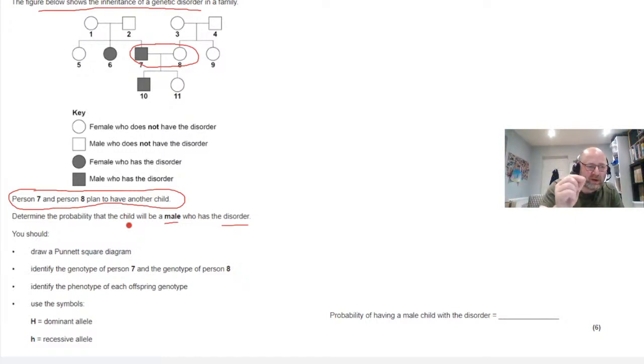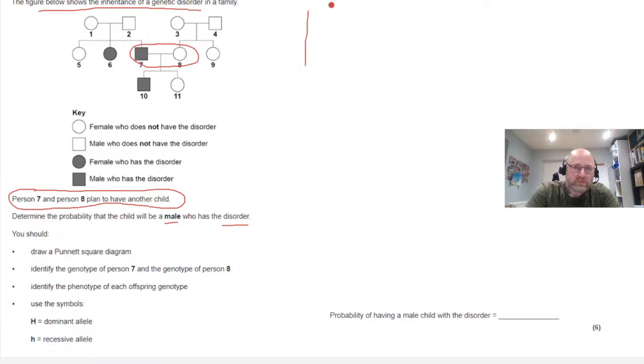It just says determine whether there'll be a boy or girl and have the disease, and combine those probabilities. So how do we find out the probability of you having a boy or a male child? Anyone know? What's the probability of a male child? Yeah, that's right. So if I was doing this for 6 marks, I'd want to show the examiner what I know.